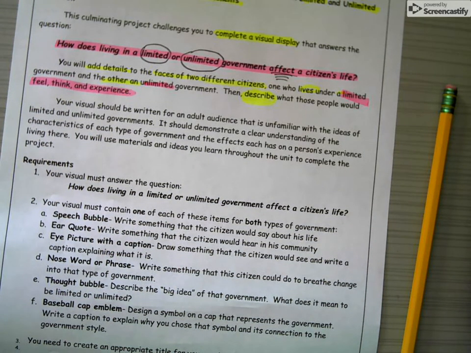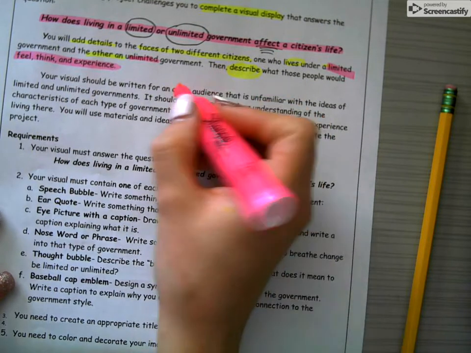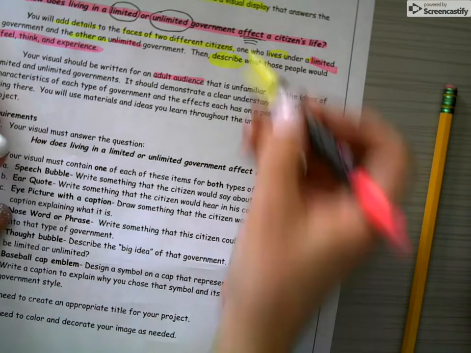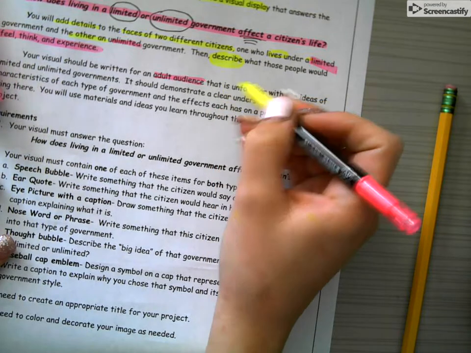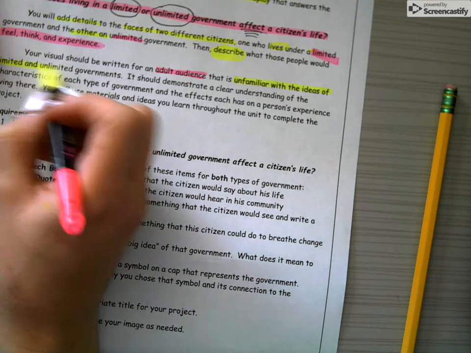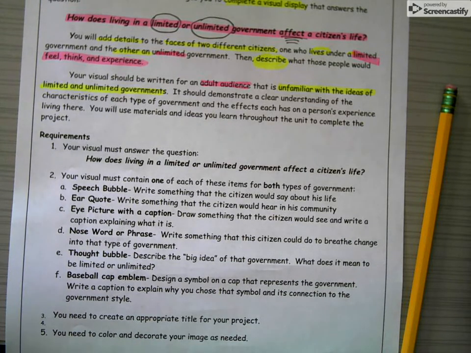You're going to show me how you feel living in the USA in terms of what you see. You have more freedoms and rights, right? But someone in an unlimited government, show me how they would feel, think, and experience that type of government. So your visuals should be written for an adult audience. Basically, make this project explanatory or detailed enough to where, if someone was unfamiliar with the ideas of a limited and unlimited government, then they would be able to understand what those types of governments are based on your picture and how someone would feel living in that type of government, okay?